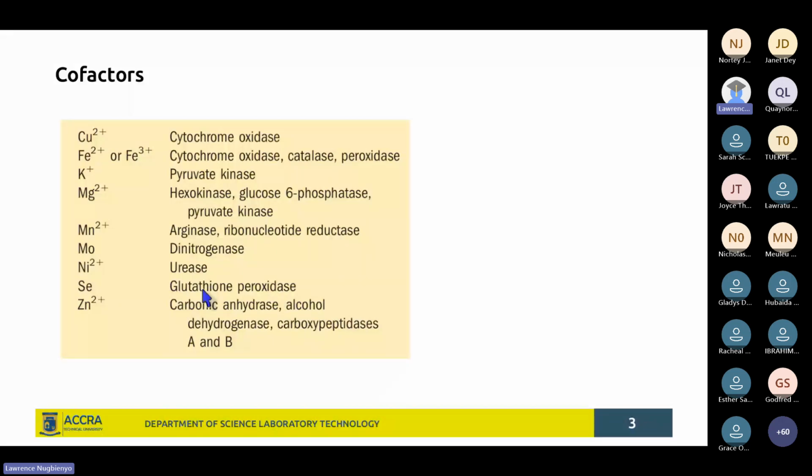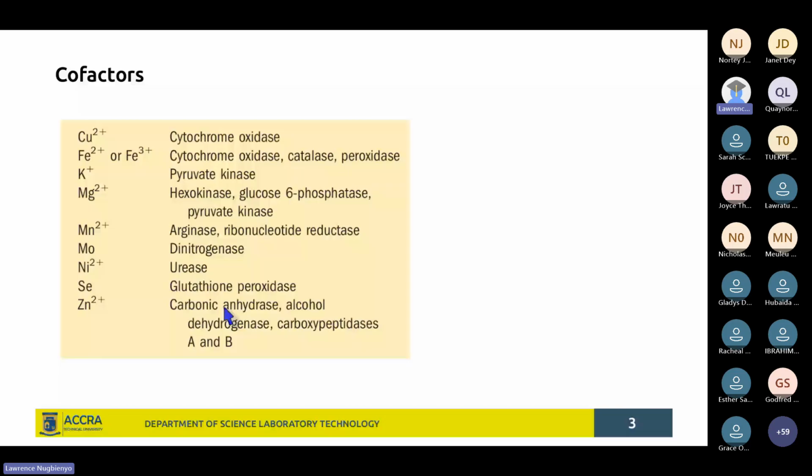So that will be a cofactor to the oxidation of glutathione. Carbonic anhydrase, zinc ion will be the cofactor. I think we did see the conversion of, say, carbon dioxide to carbonic acid, and then from there producing bicarbonate ions.